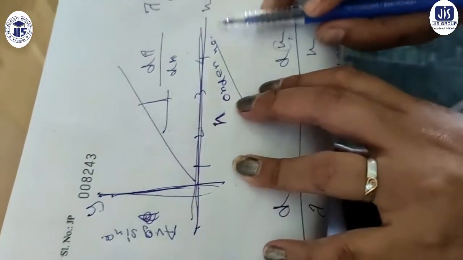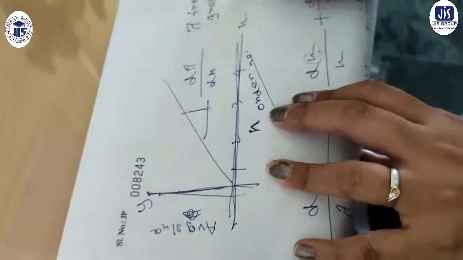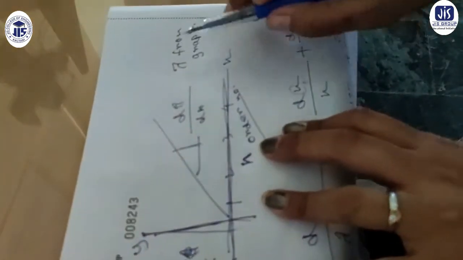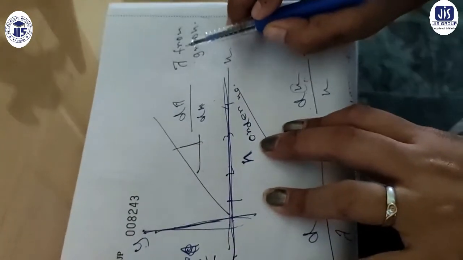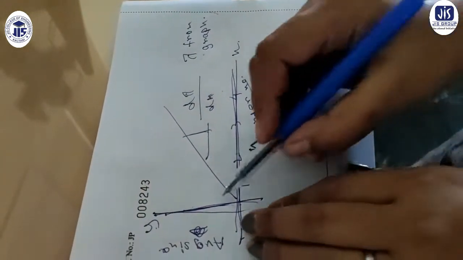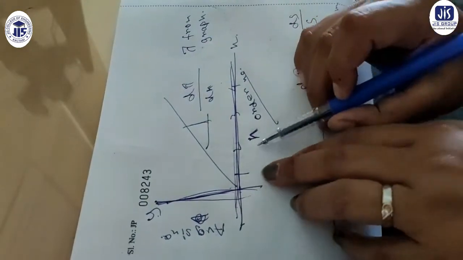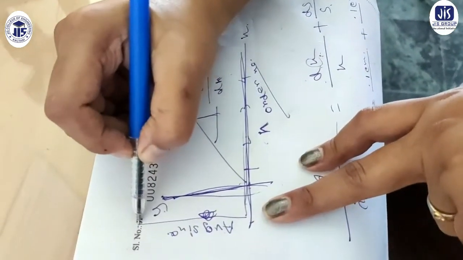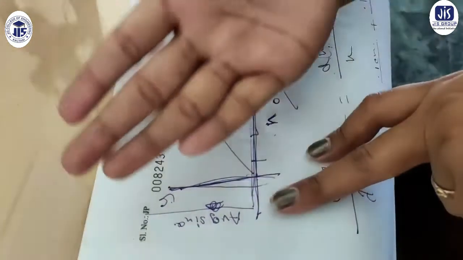So now we will have to take what is the lambda from graph. Lambda from graph, that means we will have to calculate wavelength from the graph. So we will have to put n on the x-axis, average sin theta on the y-axis. We have got 4 average sin thetas.